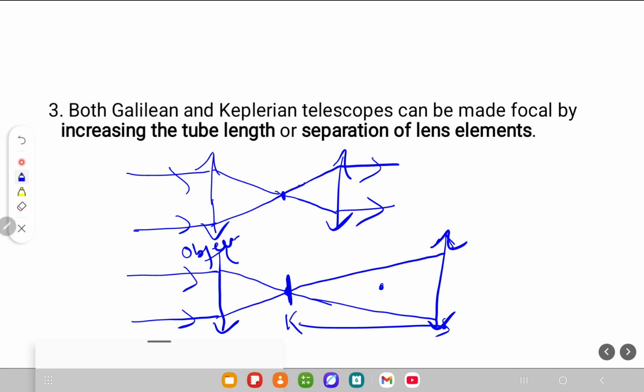So this is the object and the focal point is here. What is supposed to happen when light is going out? Then light must be converging, isn't it?